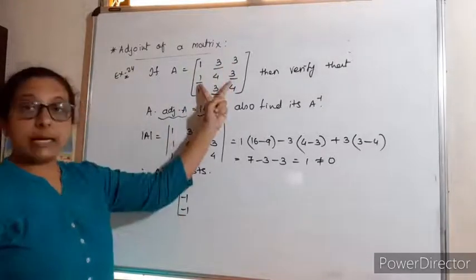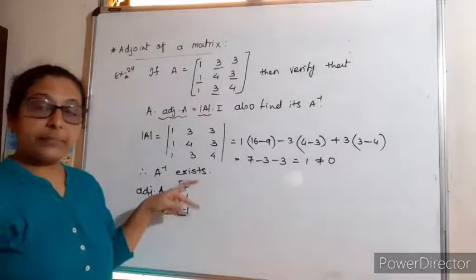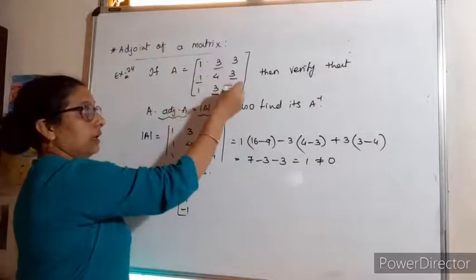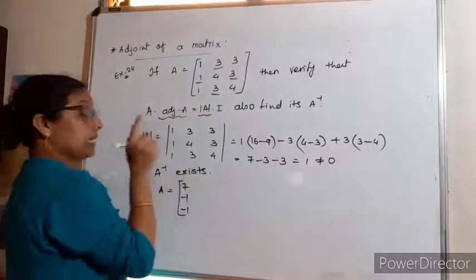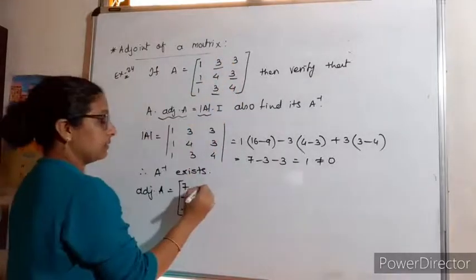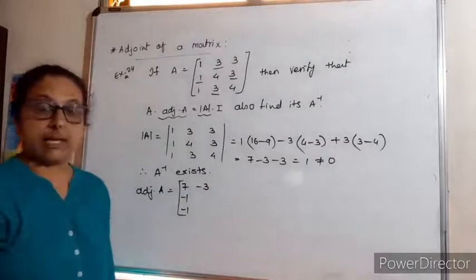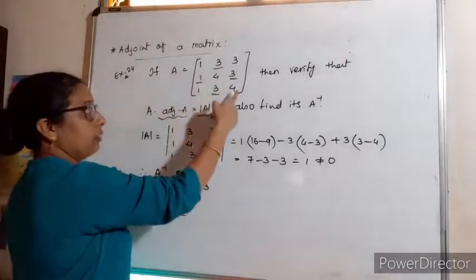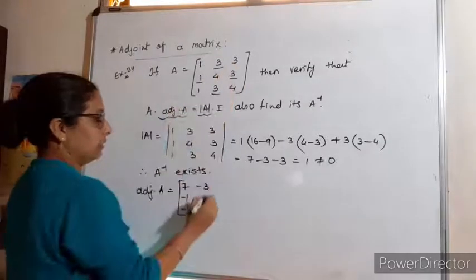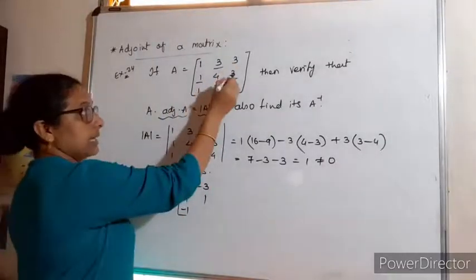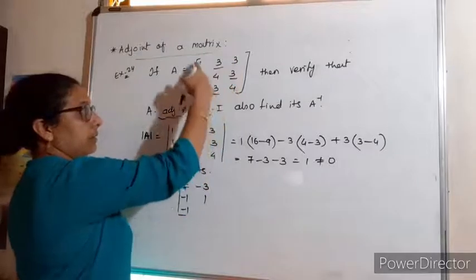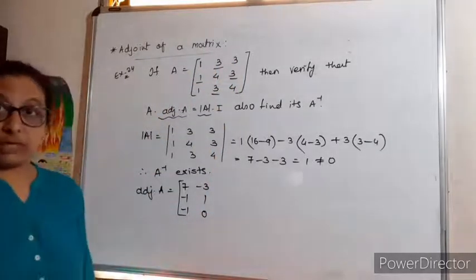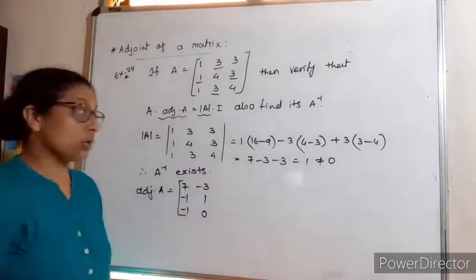Now go through the second row and make it the second column. So, 1, hide this, 12 minus 9, 3. But this is the place where you have to change the sign. Second row, second column, 4 minus 3, 1. Second row, third column, 3 minus 3, 0. Here is the place you have to change the sign, but it is 0, it's okay.